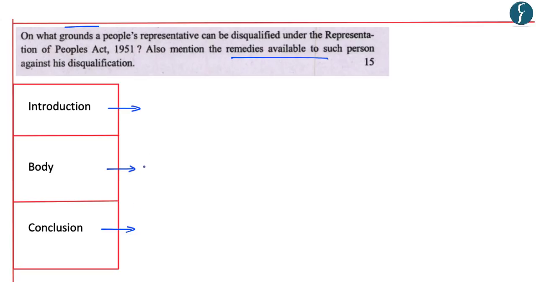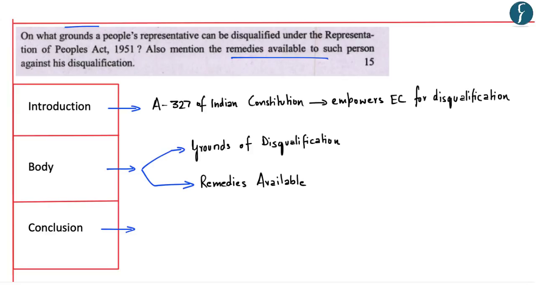So both grounds of disqualification as well as the remedies can be a part of the body of this answer. Here you can introduce your answer by straight away mentioning Article 327 of the Indian Constitution, which empowers the Parliament to make a law with respect to disqualification of members of Parliament as well as members of state legislatures.